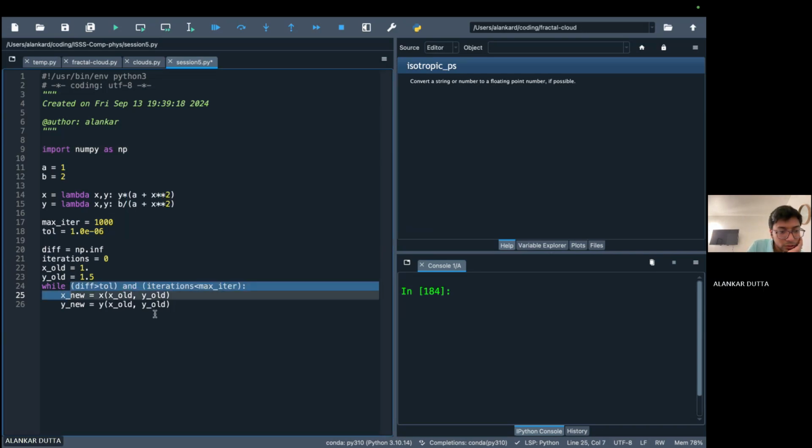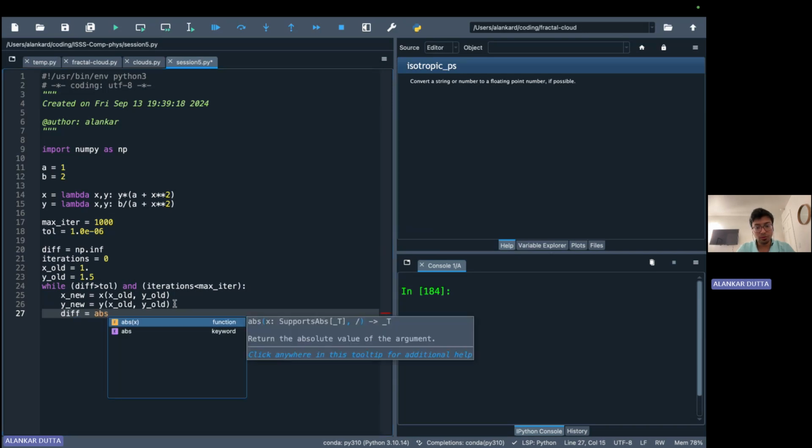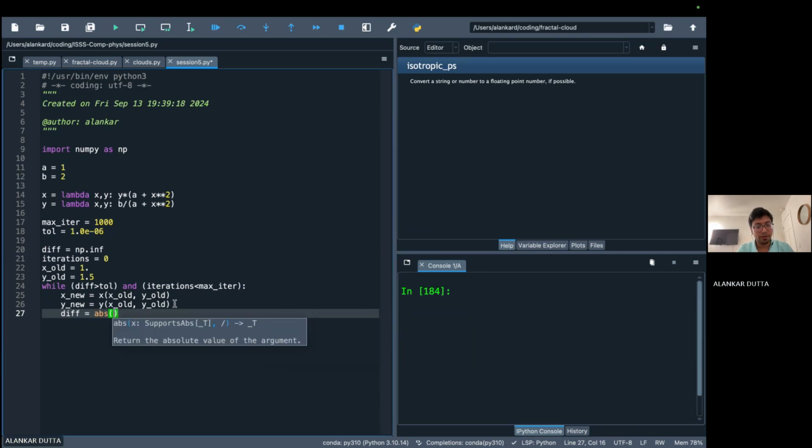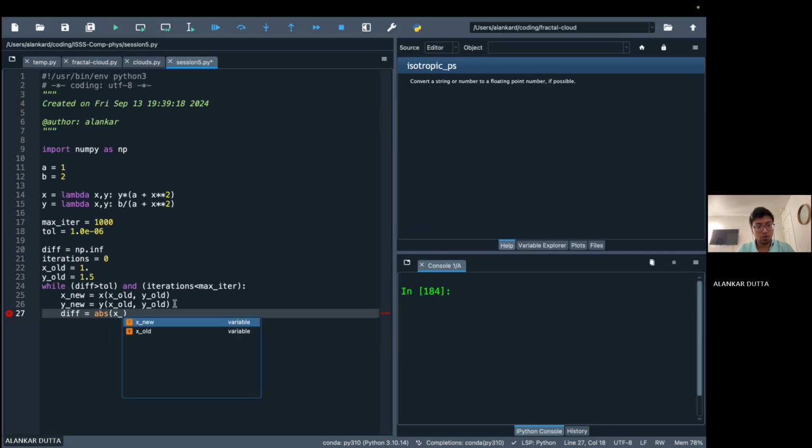Okay, so now once I've got this, I will calculate the difference, which is the absolute value of x old minus x new plus, so I want to have both of them together.